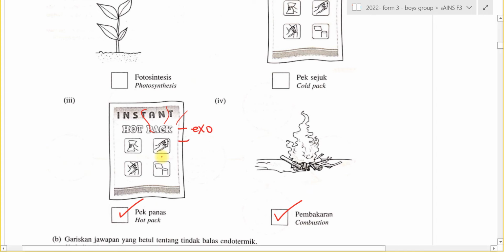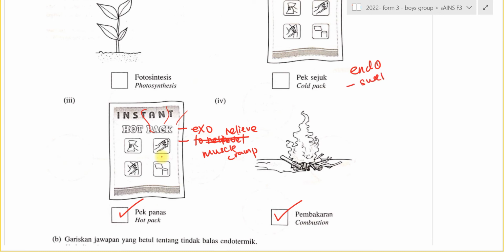Remember, this is to relieve muscle. You get relief from muscle cramp. And this cold pack is actually endothermic, and this one for swelling and bleeding, to reduce the swelling and bleeding.